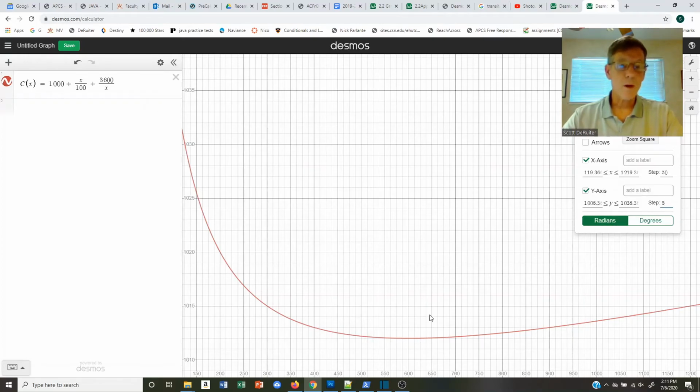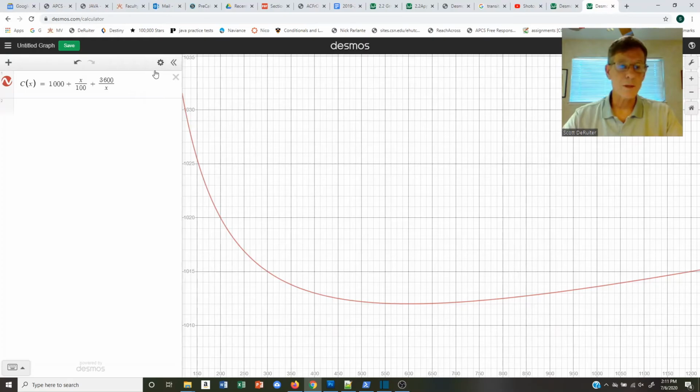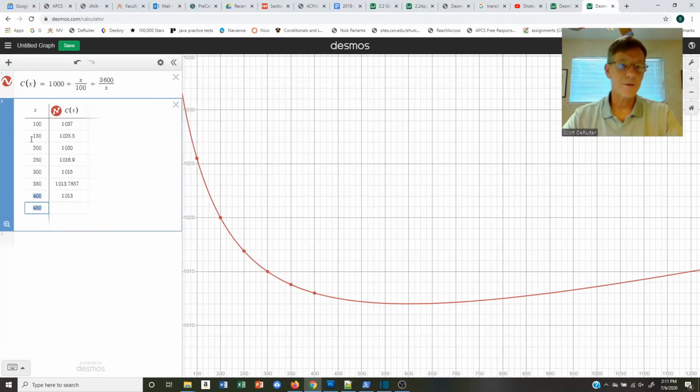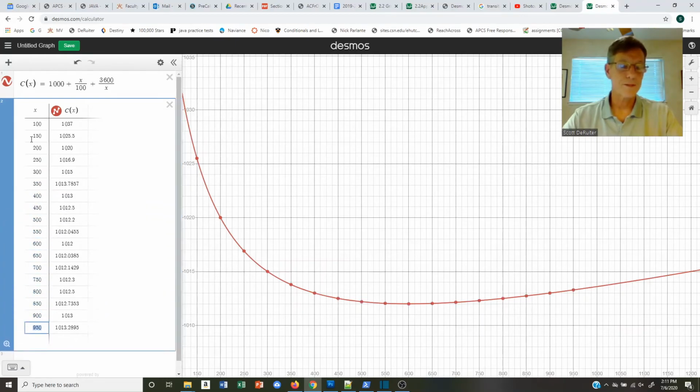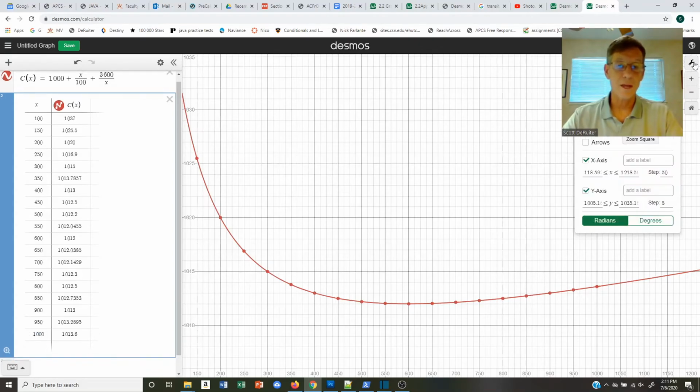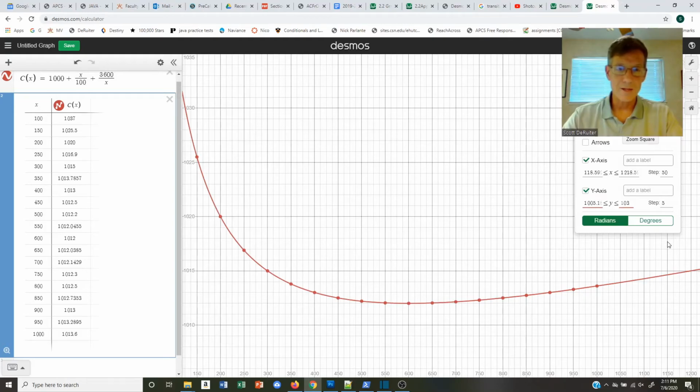In the next part, it asks where the cost is minimized. So you can hit the little gear icon and then the table icon, and then just plug in some values. If you use values that are the same step apart, you can just start hitting the enter key and it'll fill it in. Now it looks like the minimum is going to be somewhere in the middle of that domain.